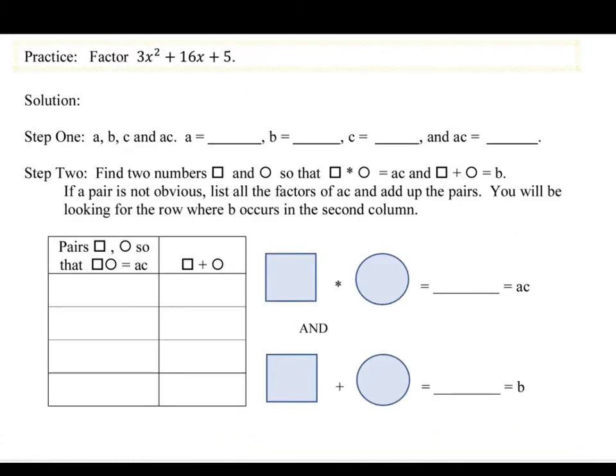So here's an example. I want to factor 3x squared plus 16x plus 5. So let's go ahead and figure out what A is. A is 3, and B is positive 16, and C is positive 5.